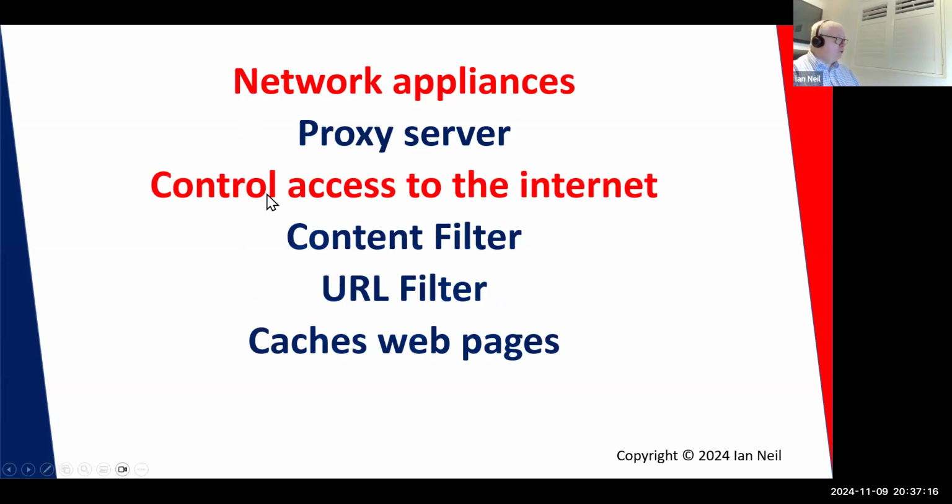Proxy server, he controls access to the internet. So a lot of corporates don't want people going to gambling sites and maybe social media sites from the corporate machine. He does the URL filter. He also caches the web pages. The load balancer controls access.